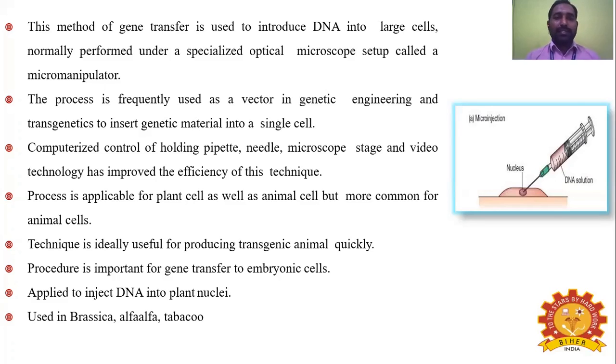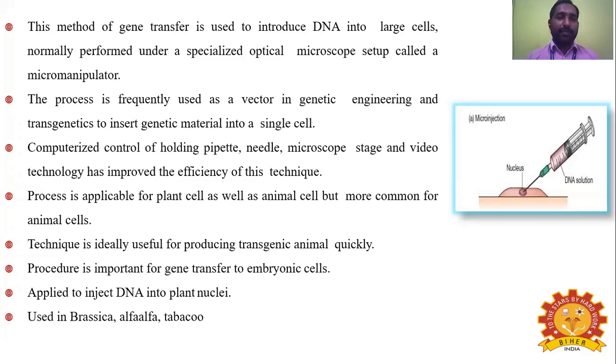The process is frequently used as a vector in genetic engineering and transgenics to insert genetic material into single cells. This entire process can be easily controlled with computerized controls, and through that you can control the pipette, needle, microscope stage, and video technology.